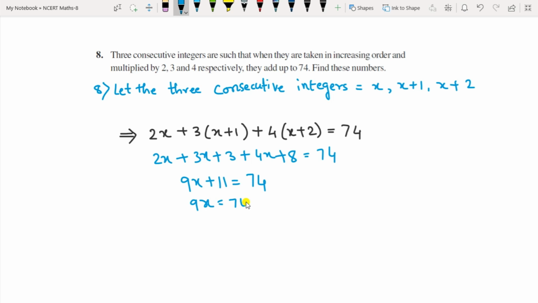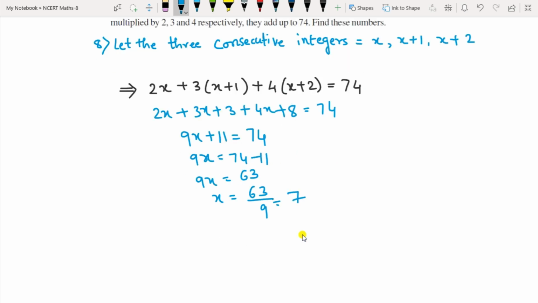Okay, so now 11 will move to the other side, so 9x equal to 74 minus 11, it gives 9x equal to 63. So value of x will be 63 divided by 9, that gives 7, answer. Okay, now substitute the values in x plus 1 and x plus 2. So first integer is x equal to 7.